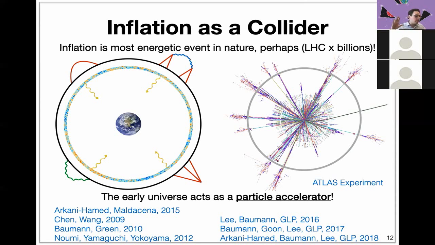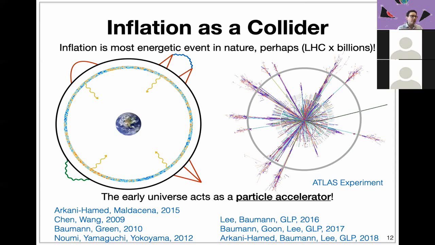We have the Hubble scale during inflation, and that hasn't been measured because we haven't detected the primordial gravitational waves yet. But from a model builder perspective, it's typical that the energy scale of inflation is huge, perhaps billions of times higher than the TeV scale of the LHC. So this is an amazing opportunity to do particle physics at energy scales way beyond the reach of terrestrial colliders.